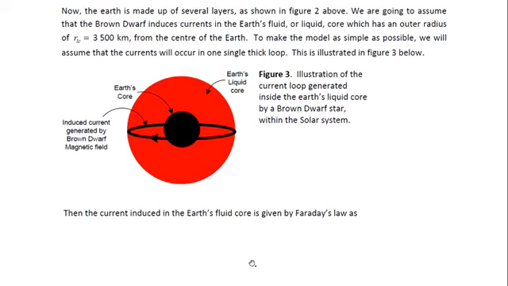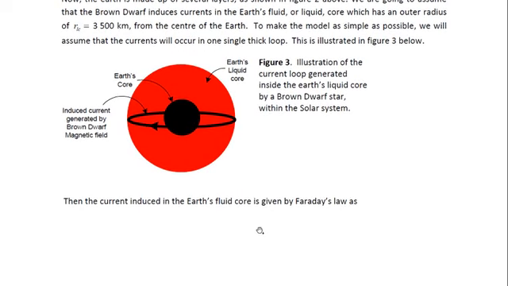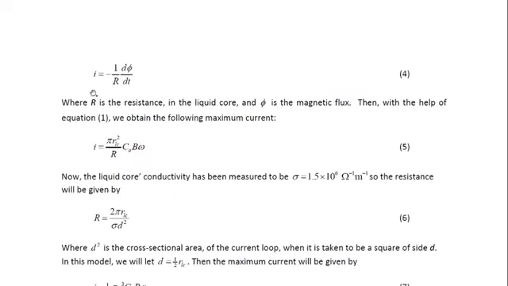Then the current induced in the Earth's fluid core is given by Faraday's law, which we can write as the induced current I is equal to minus 1 over R, where R is the resistance, d phi by dt, where phi is the magnetic flux. Then with the help of equation 1, we obtain the following maximum current.